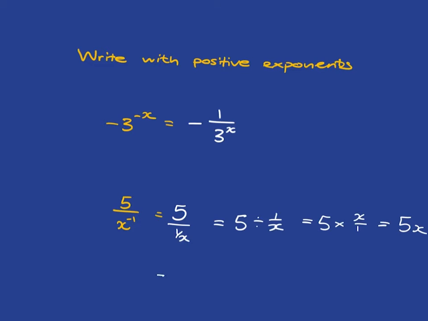Or if you want to take the shortcut, which you'll start to notice after a while, if you've got a thing with a negative exponent in the denominator of a fraction, it can simply come up to the numerator and become positive in the exponent, which will be positive 1, and that we know is just x.